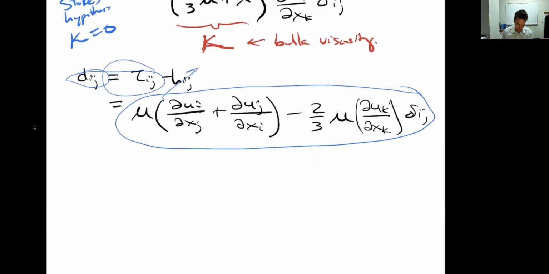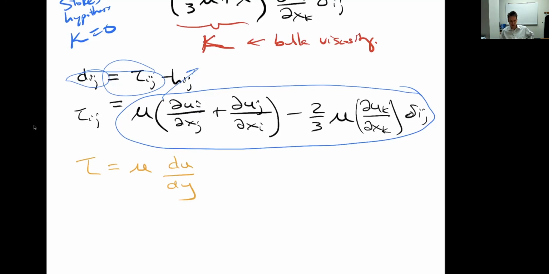And you notice if we relate it to what we had before, just like du dy in 1D, it looks kind of similar. So I'm going to write tau over here. This first term looks similar, but now it's expanded into 3 dimensions.